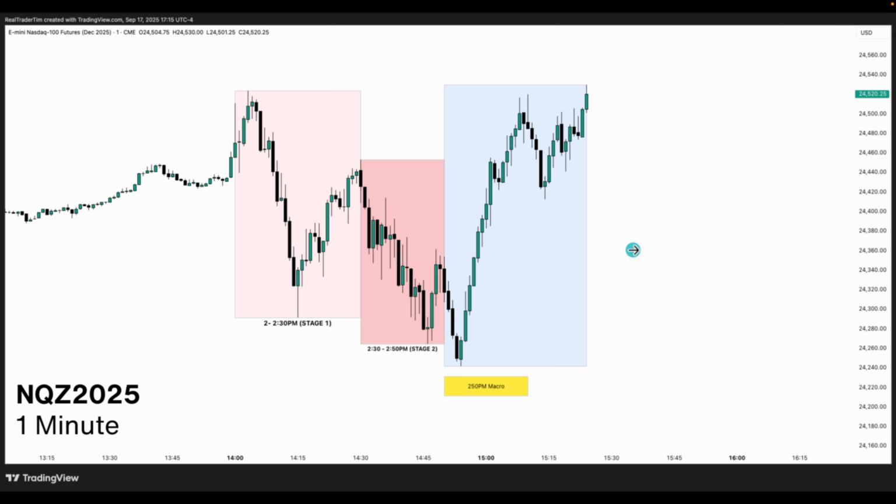Okay, so as you guys are probably familiar, ICT has mentioned that FOMC is a 2-stage event. Stage 1 is typically from 2 to 2:30, and then stage 2 is 2:30 and beyond. Now, stage 1 is typically going to be the false move. Of course, it's not every time you see stage 1 go one direction, and then stage 2 guarantees a reversal.